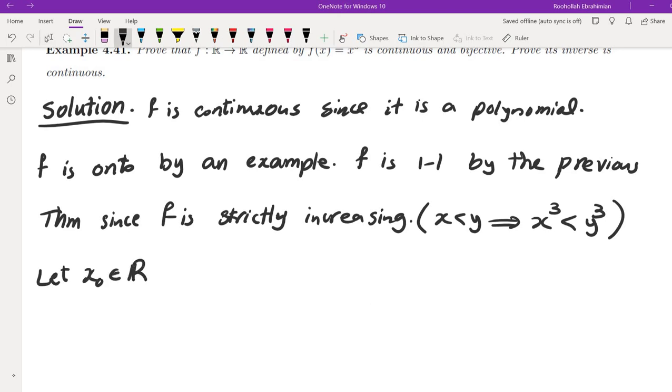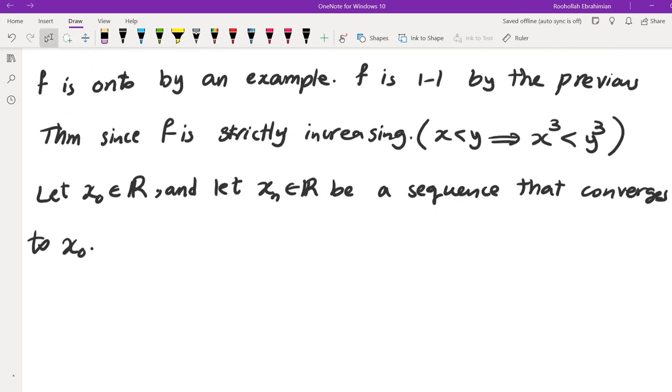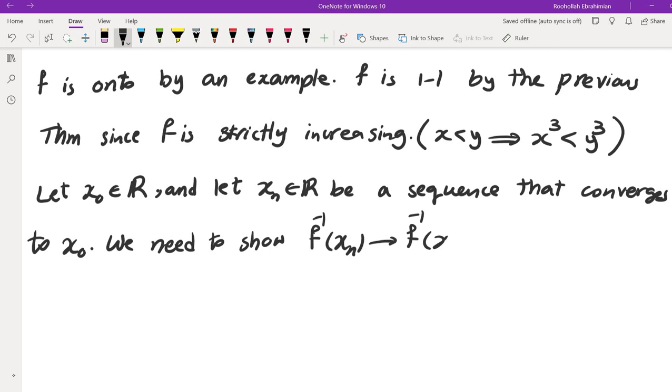So let's start with some real number x naught, and let xn be a sequence that converges to x naught. So what we're trying to do is to show f inverse of xn approaches f inverse of x naught.